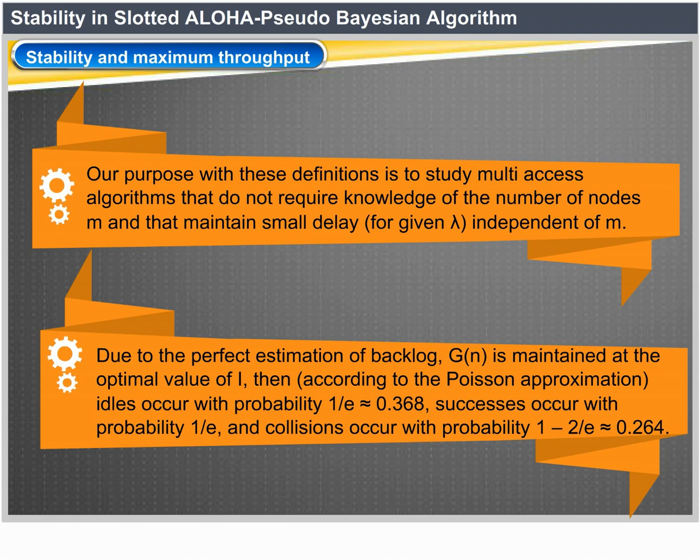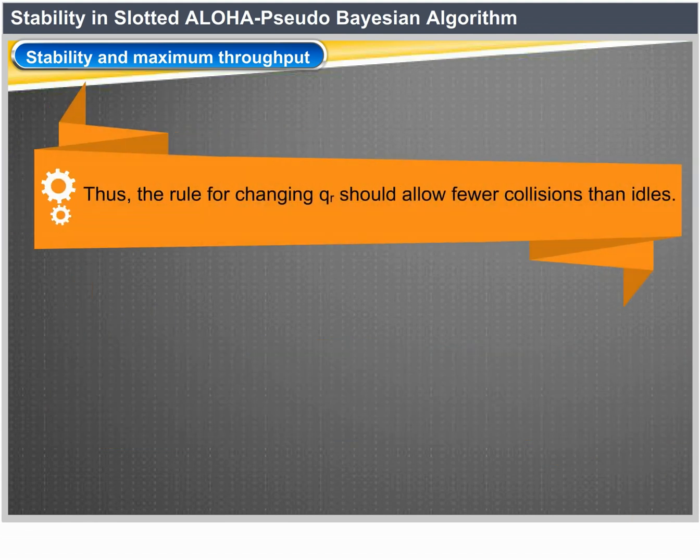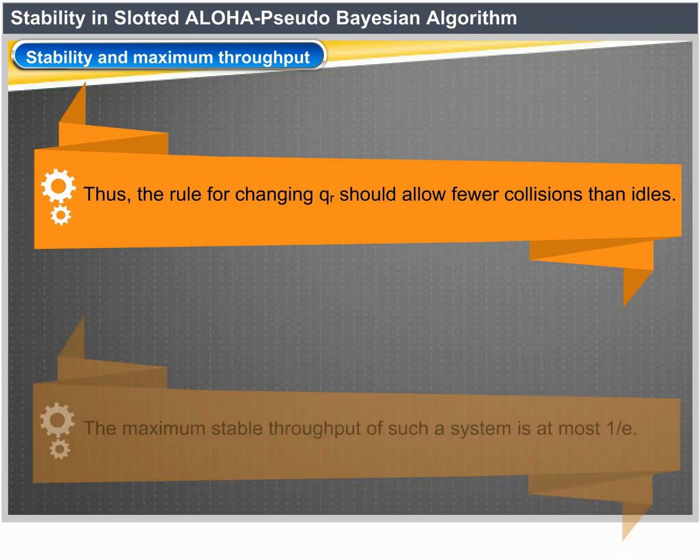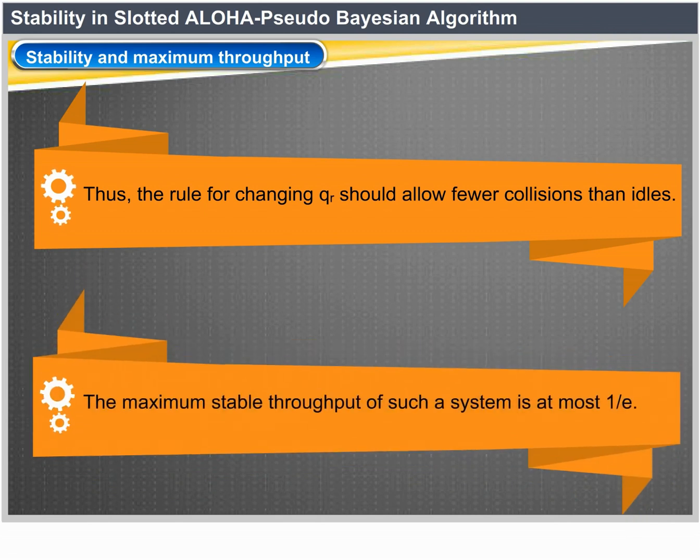Thus, the rule of changing q_r should allow fewer collisions than idles. The maximum stable throughput of such a system is at most 1/e.